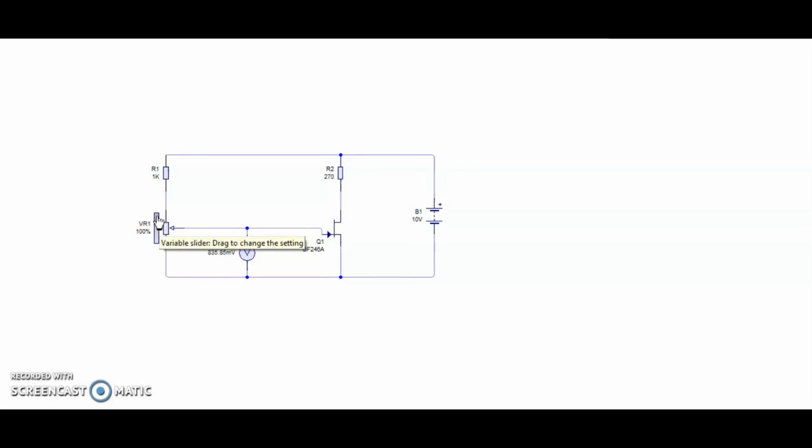But here we can see, as I slide the potentiometer, the voltage will increase, and the range of the potentiometer is from 98.98 microvolt to 5.85 millivolt, which is the same as in the lab manual, which is 0.75 volt to 0.91 volt.